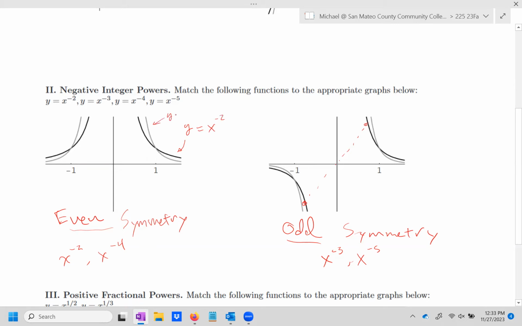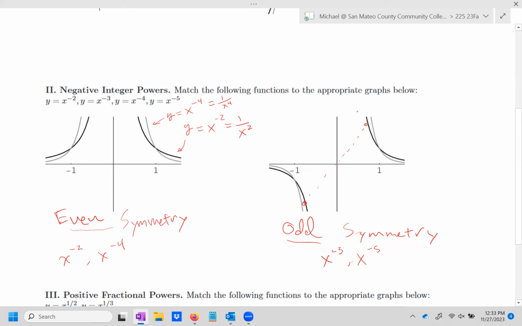Ah, and therefore this one is y equals x to the power -4. Which, my friends, by the way, if you remember, this is 1 over x squared. That's the same thing. This is 1 over x to the 4th. Same thing. Right? So you kind of get this idea that the higher power makes it move faster. It's like sharper, right?